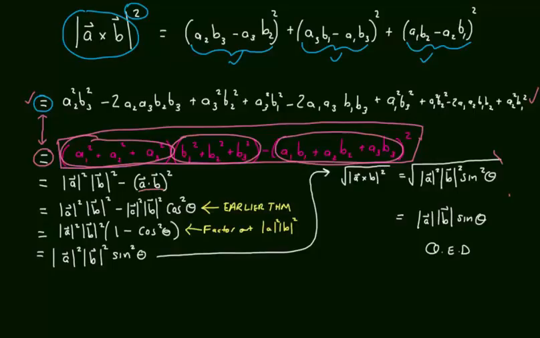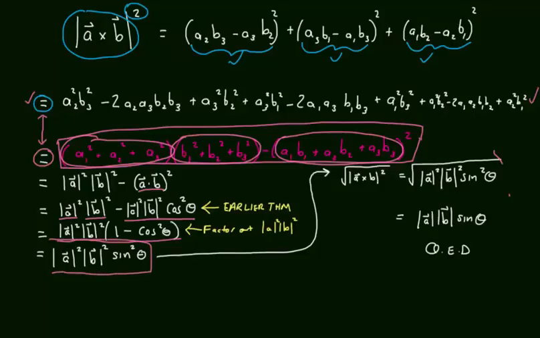So that gives us magnitude A squared, magnitude B squared, and then I use the theorem from before, magnitude A squared, magnitude B squared, cosine squared theta.